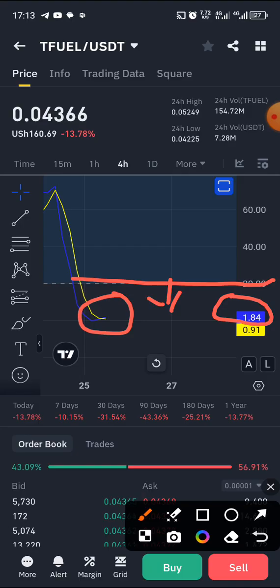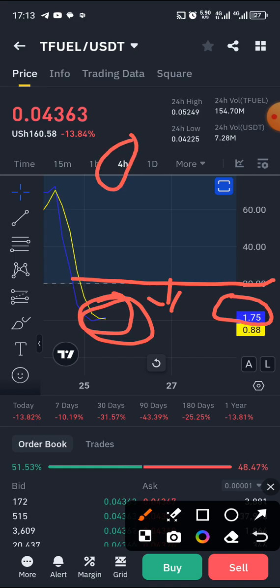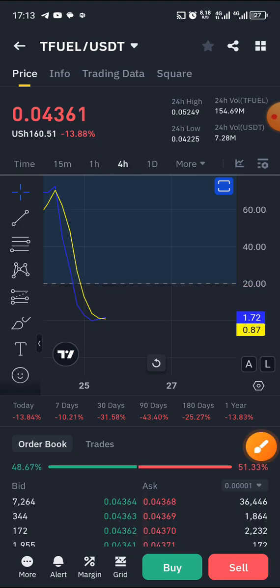And when you focus on this indicator, it shows you that it is time to buy this coin because it has been oversold. But we are in a 4-hour time frame, meaning we can still have a little bit of a downtrend in a shorter time frame. Let's try to look at 15 minutes.